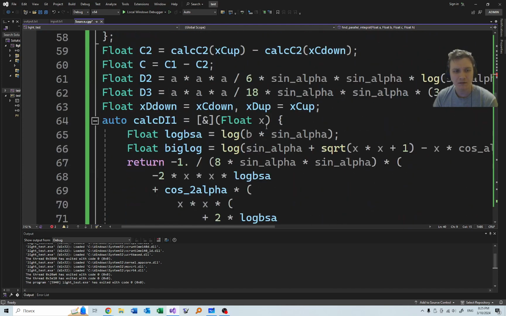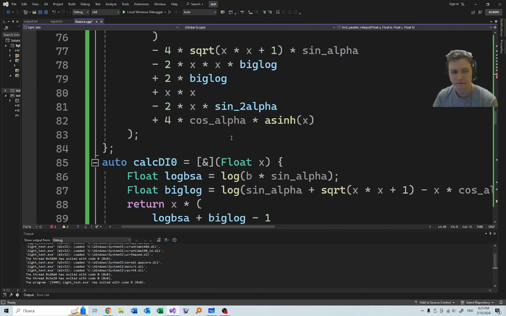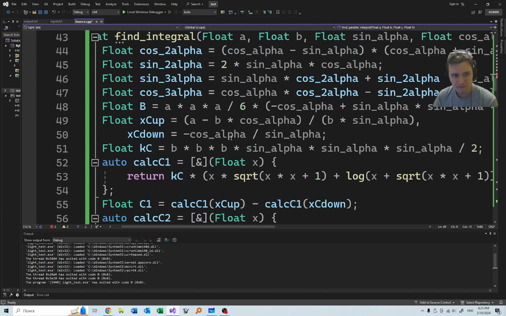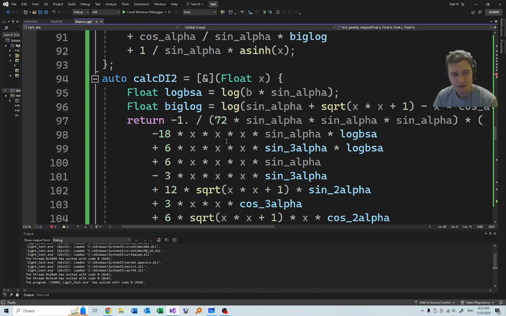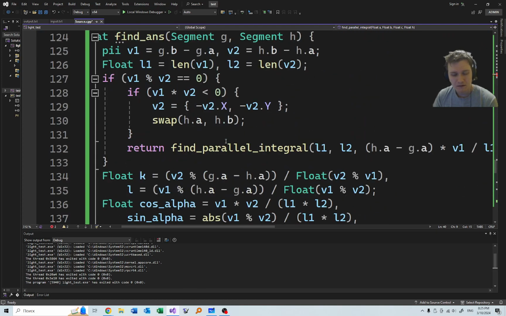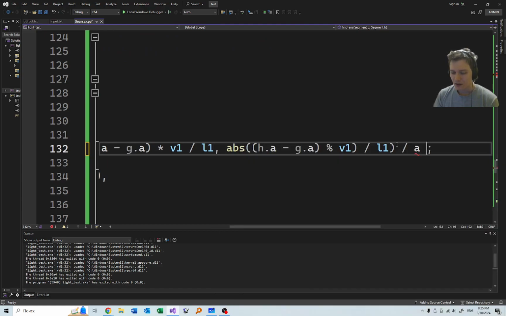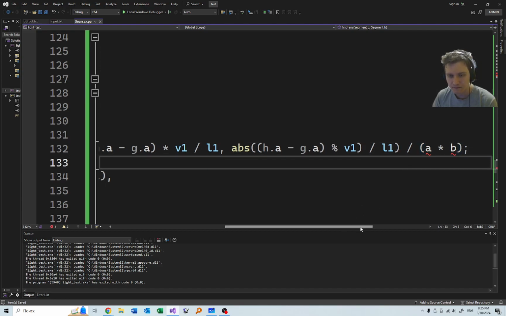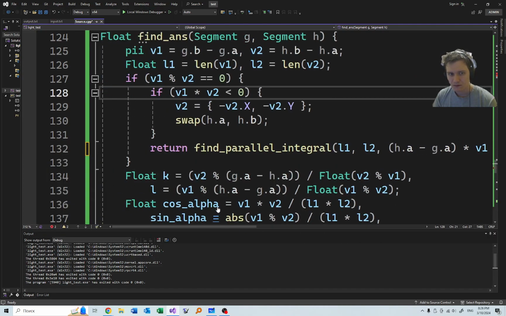No, not parallel integral, but parallel integral divided by b minus a. Parallel integral divided by a and b. Yeah, by L1 and L2.